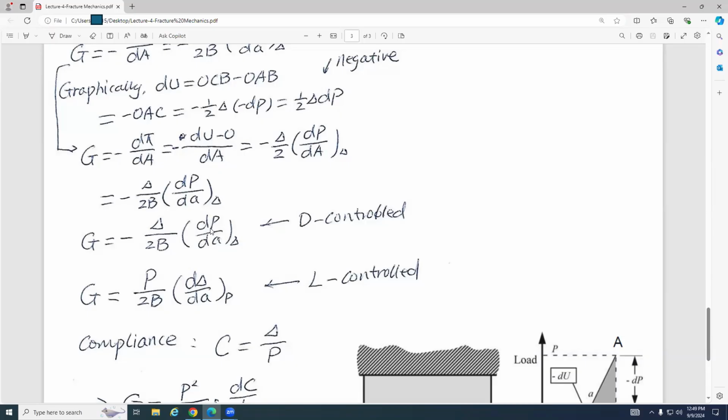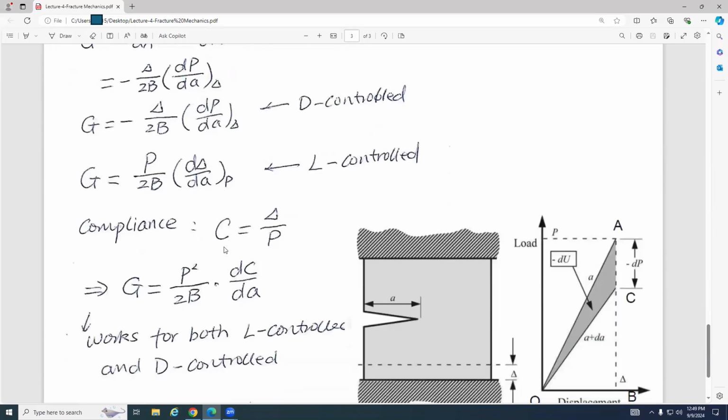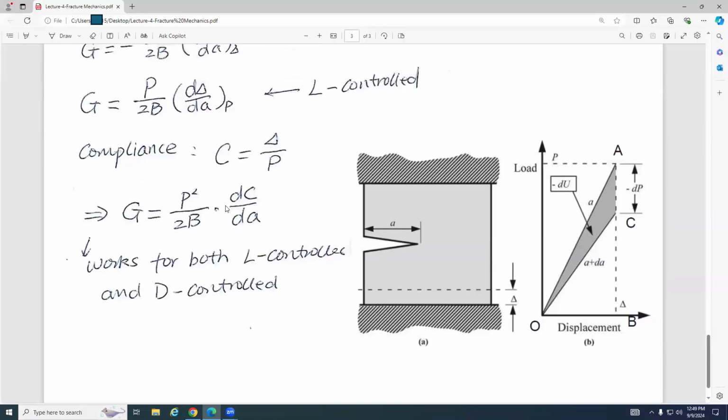Okay, compliance. We just have this as a concept, compliance. Compliance means the displacement divided by the required load, and we have a stiffness, right? So compliance equals the displacement divided by the load required to achieve this displacement.